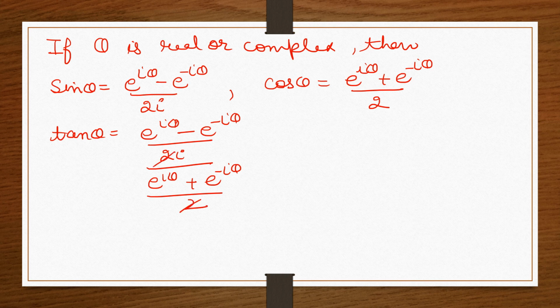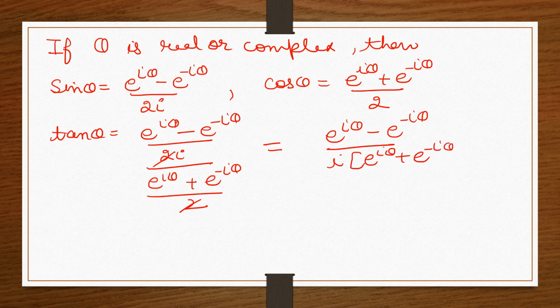This 2 will be cancelled. So what you'll get is e power iota theta minus e power minus iota theta over iota into e power iota theta plus e power minus iota theta. So this is the formula of tan theta in the form of exponentials.